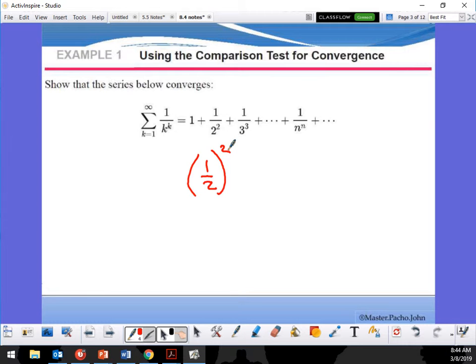So technically, this is still going to be 1 over k to the k, right? It's still that, because the first term, 1 to the k, is still going to be 1 no matter what the exponent is.